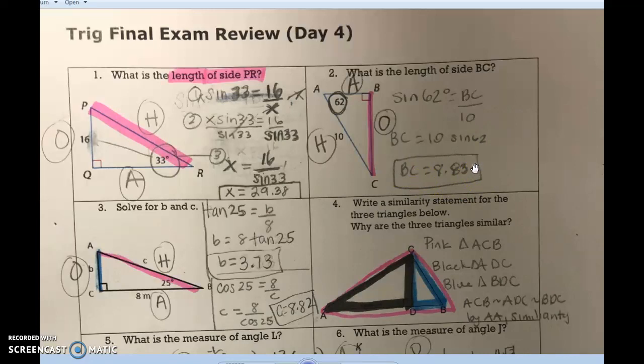So just probably a shortcut or a hint. Anytime your unknown is in the numerator, you're going to multiply the number and the trig and the degree. If your numerator has a number placed there, you're going to divide the number by the trig function. That's just a little shortcut.